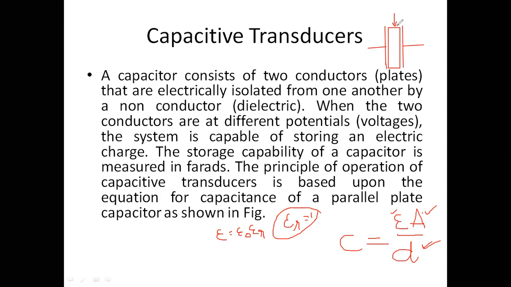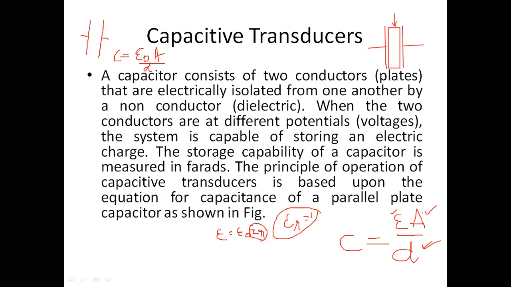And if there is no dielectric placed between the two plates of a capacitor, meaning there is one plate and another plate and I am not using any dielectric material between these two electrically isolated parallel plates, then capacitance C equals epsilon naught A by D. Here for air epsilon r becomes 1, so epsilon equals epsilon naught.